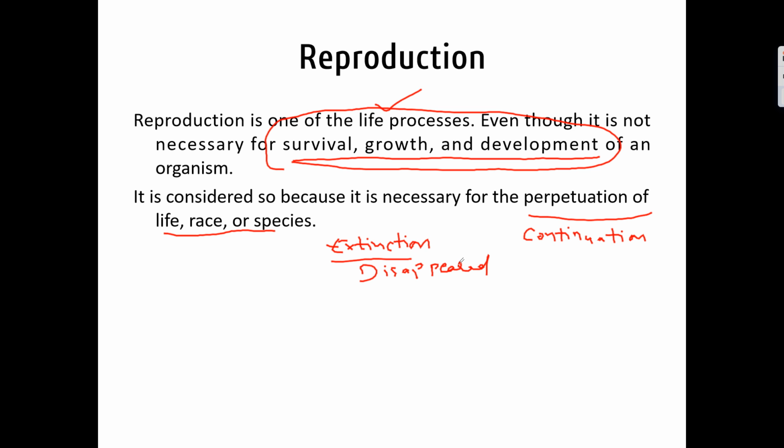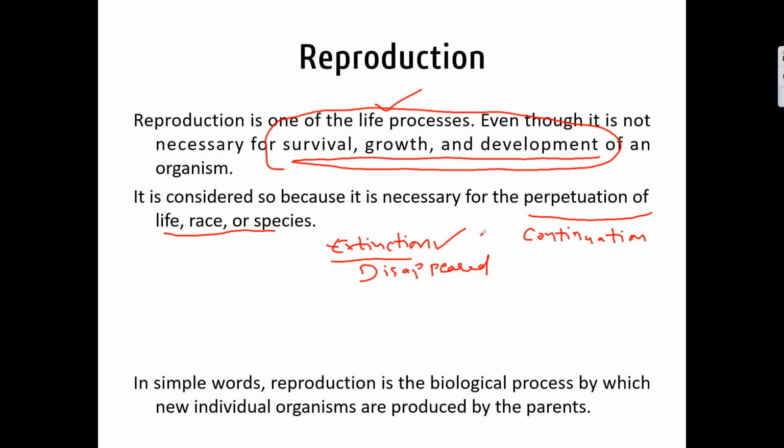Can you see the dinosaurs today? No. Why? Because they have become extinct. In the same way, if an organism stops reproduction, there will be an extinction. We can't see those species again on this earth. This is because reproduction is important for the continuation of life, race or any particular species.